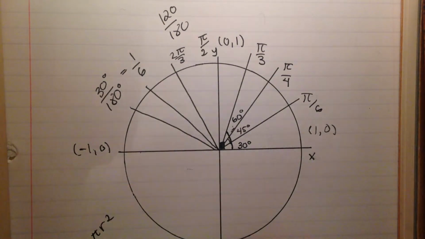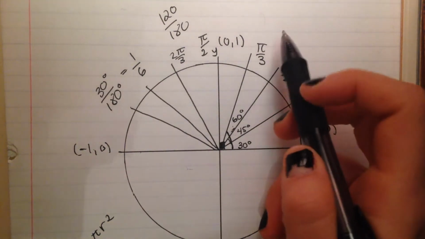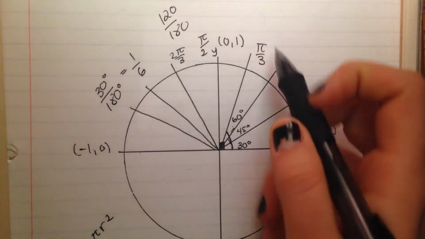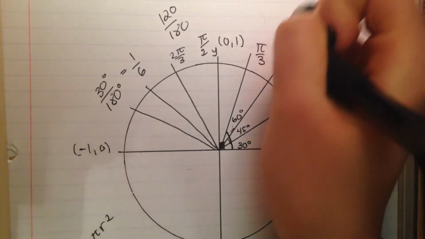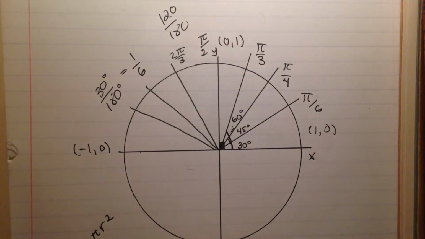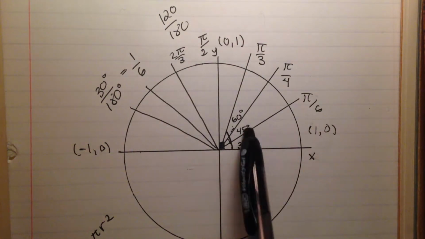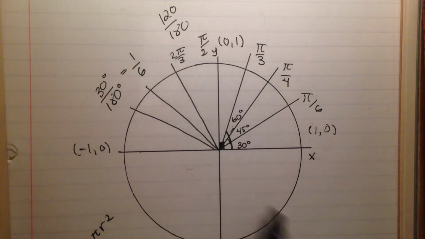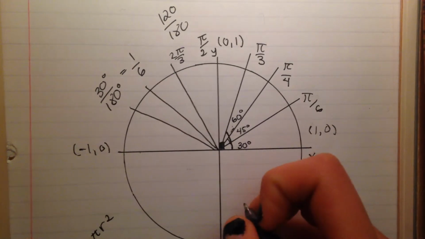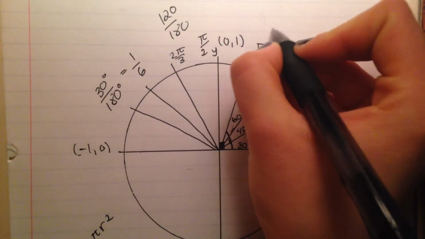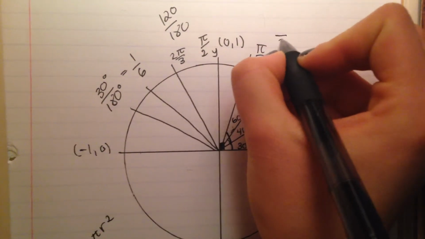So now, in order to know the values that go with each of these, the easy way that I like to do it, I want to give a shout out to Patrick JMT because I learned that from him. It's really easy. Basically, everything is over 2.